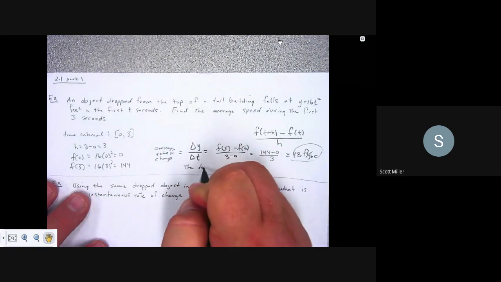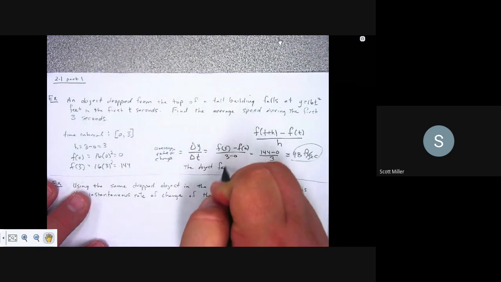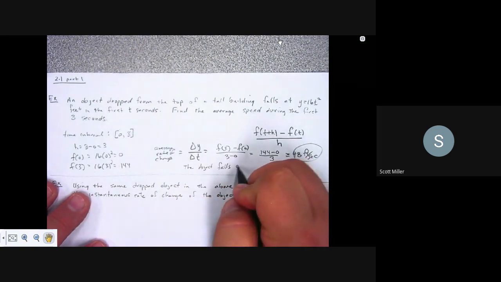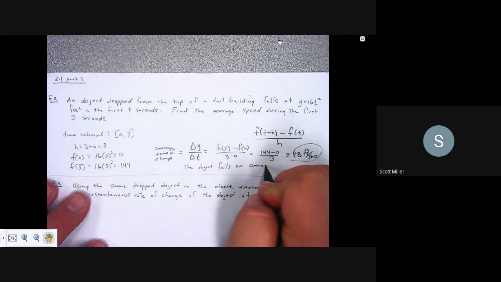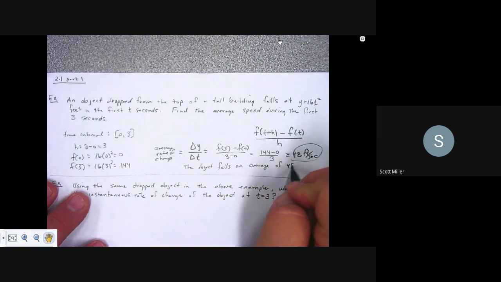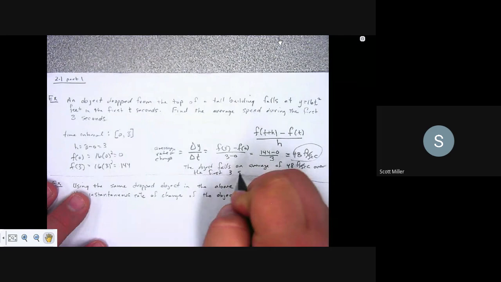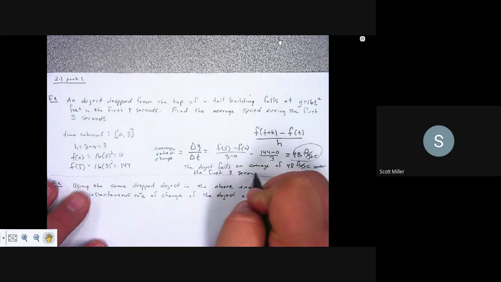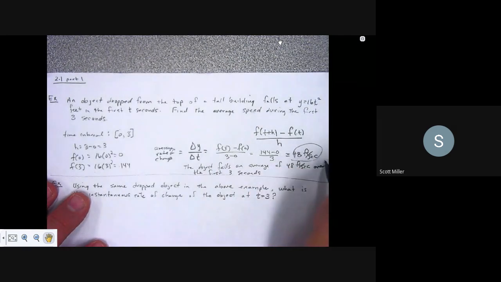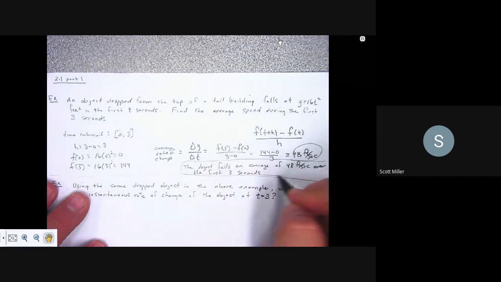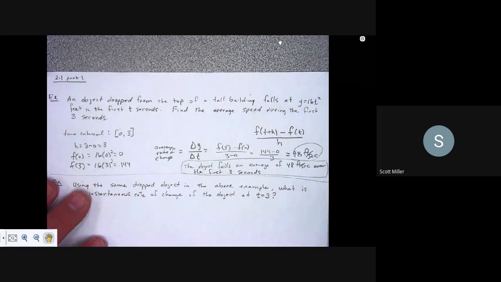So the object falls an average of 48 feet per second over the first 3 seconds. And so that is the best way to write your answer moving forward when we do our problems in here.